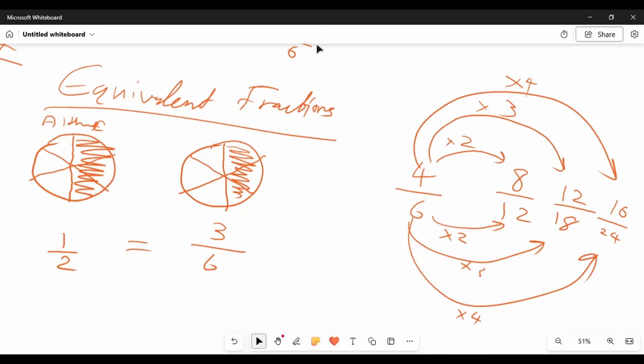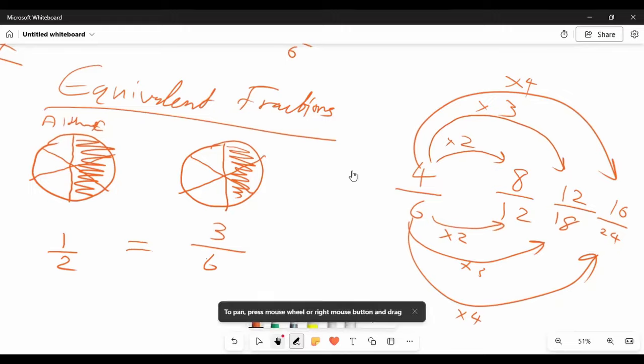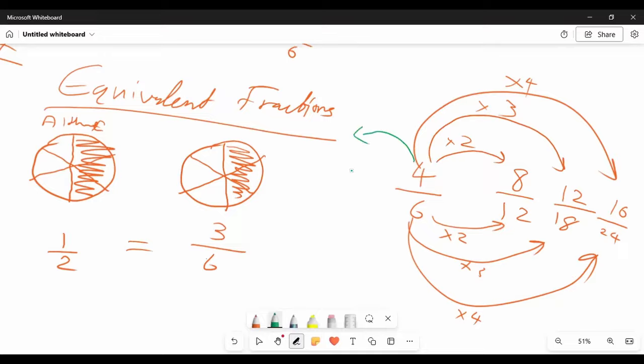The second thing is, it's not only multiplication, we can do division as well. We can do division also, but the point is you have to do the same thing. So can you all think of a number by which we can divide 4 and 6?